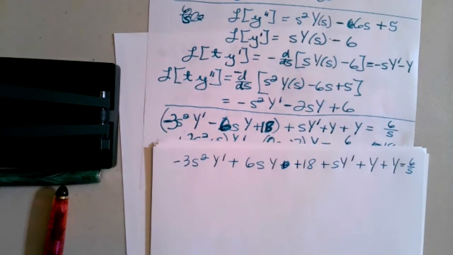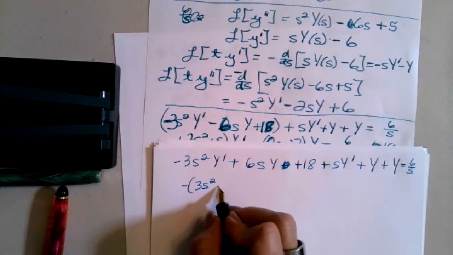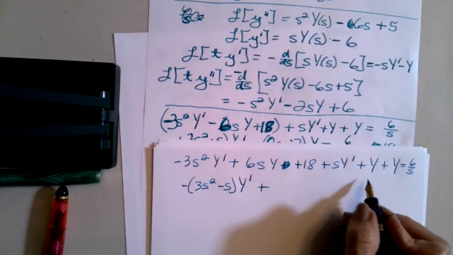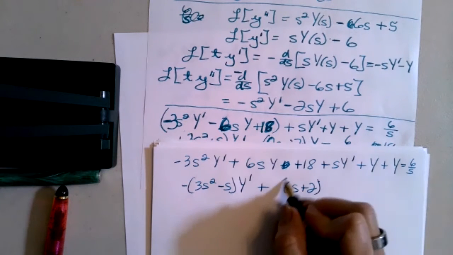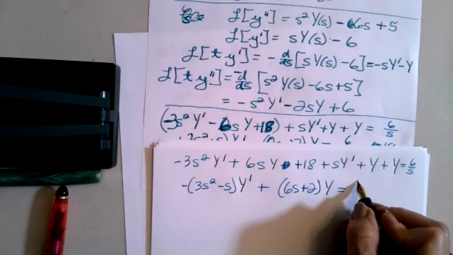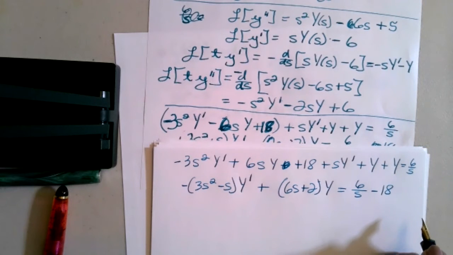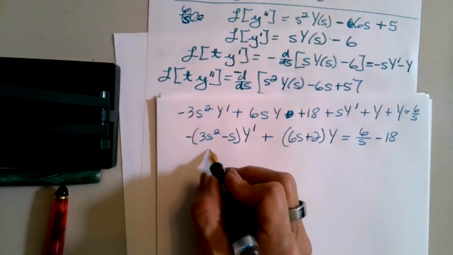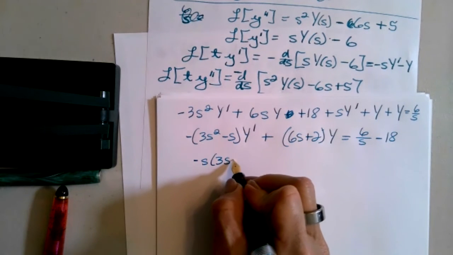Okay, so that gives me a minus 3s squared minus s times y prime plus 6s plus 2y. Okay, and then I have 6 over s minus 18. Let's see, I think of this as minus s times 3s minus 1.